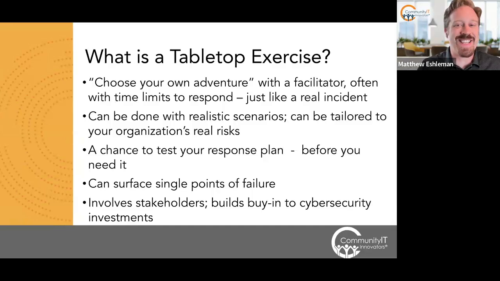Yeah, maybe we should have put this at the beginning of the slide before we asked everybody if they did one. But the way that I'm choosing to define a tabletop exercise is really a way to practice the implementation of your organization's incident response policy. The incident response policy defines the different systems that your organization has.